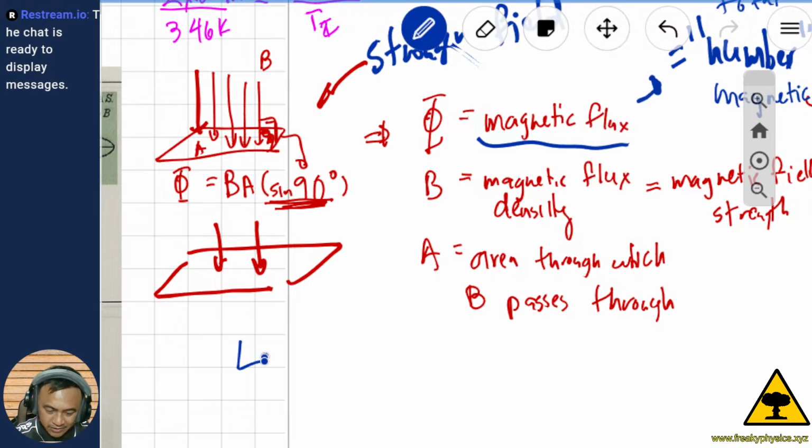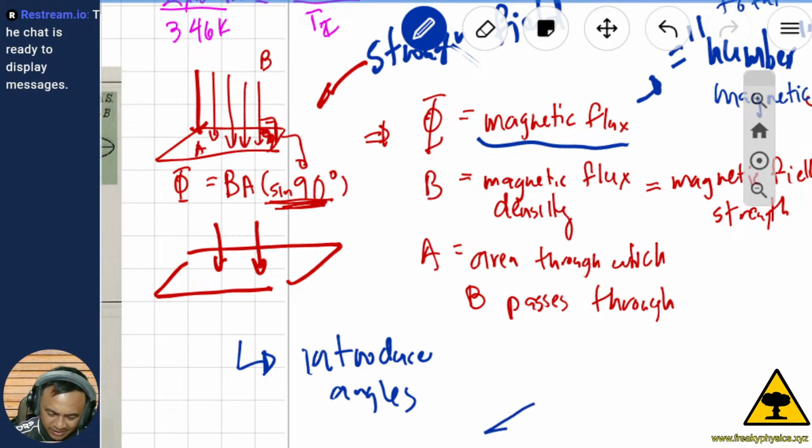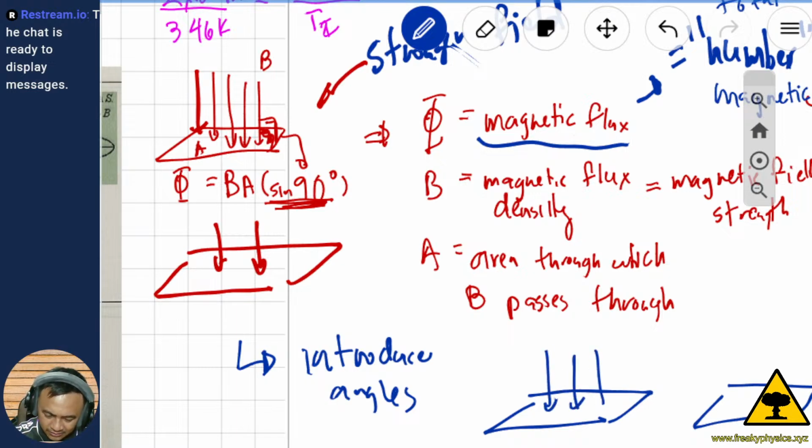Think about it this way. So this is the case here without the angle, right? So now we're going to do the same thing, and let's introduce angles. Now, let's say we have this particular area here, and let's just draw that now, wherein the angle here is going to be 90 degrees, right?